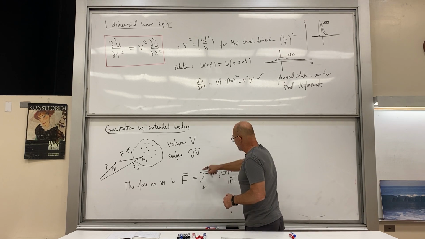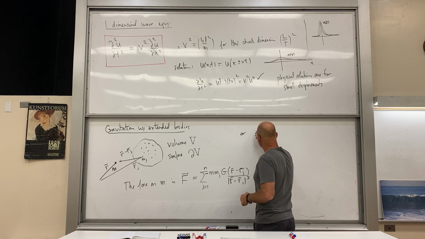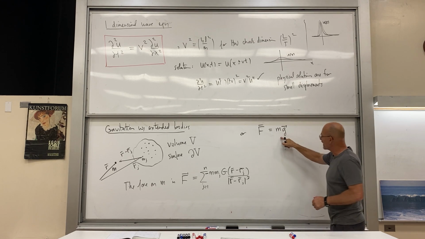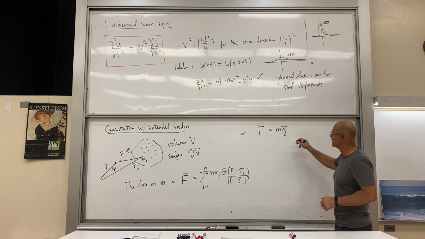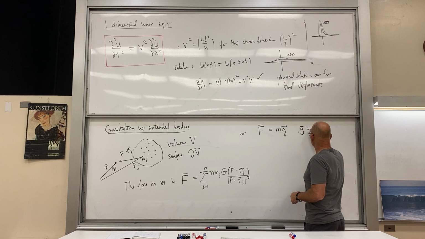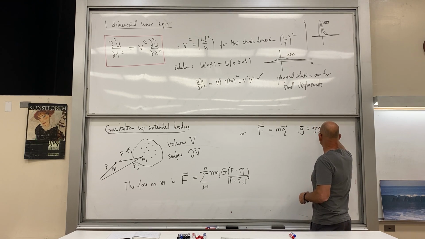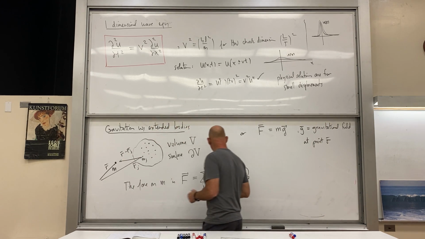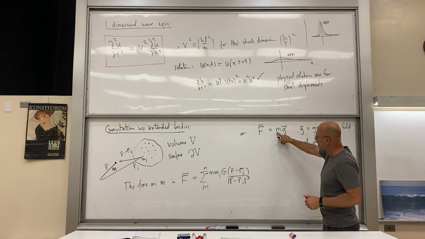We can also express this as F equals m times g, where this g is now the gravitational field. g equals the gravitational field at point R, the gravitational field right here. And all that means is I'm going to divide out m.